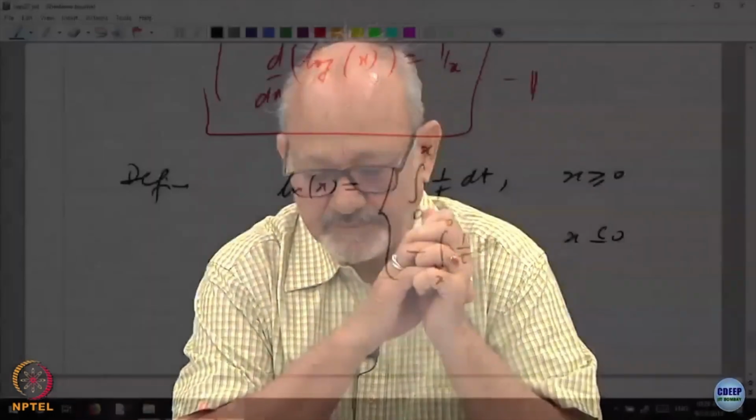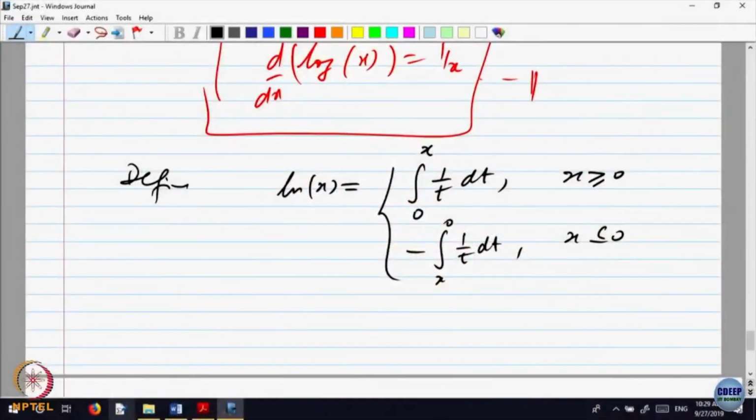So I will not go into the details, but let me just say what is obvious from this. Sorry, you are right, it is bigger than or equal to 1, and less than or equal to 1. Sure, my oversight. Log of 1 is 0.